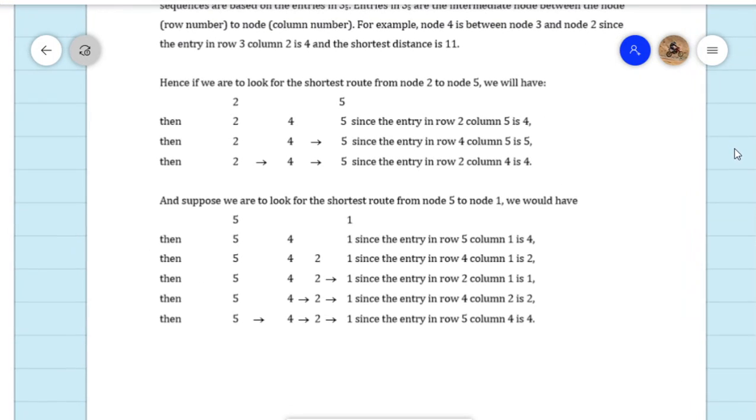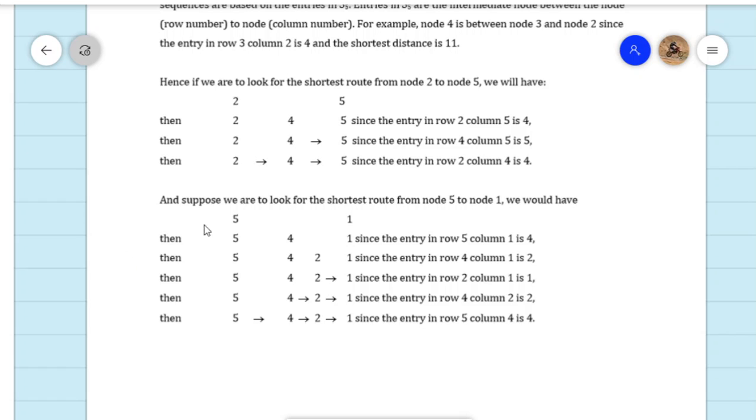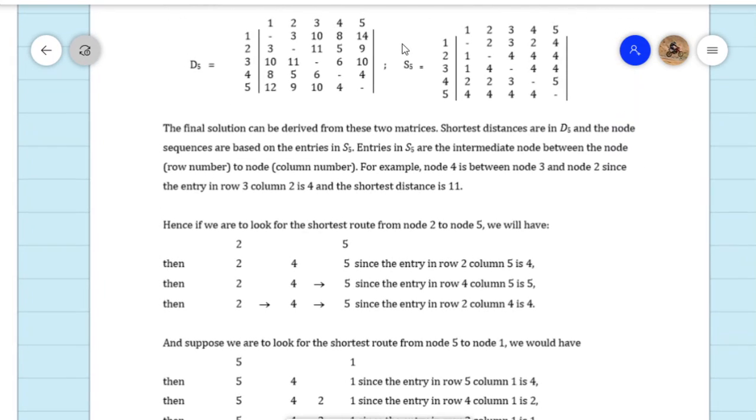What would be the arrangement of the nodes? So start with 5 and 1. Look at row 5, column 1. In this sequence matrix, row 5, column 1, we have 4. So node 4 is between 5 and 1.